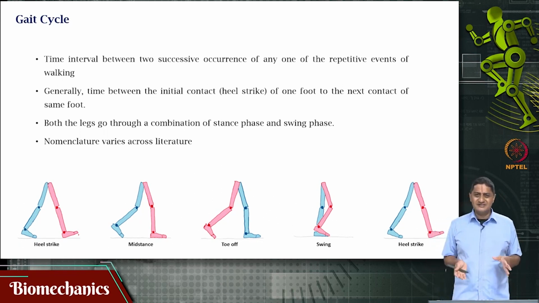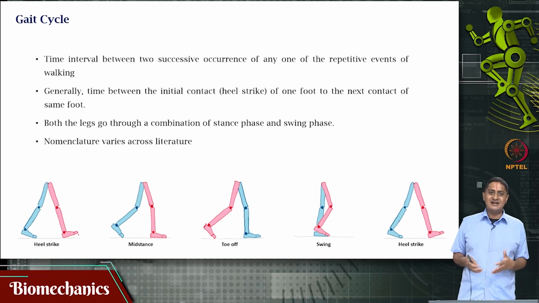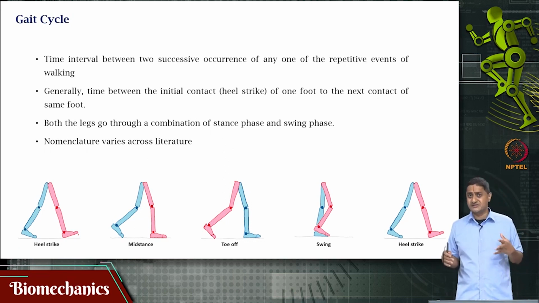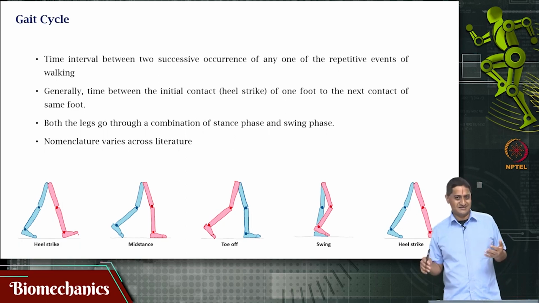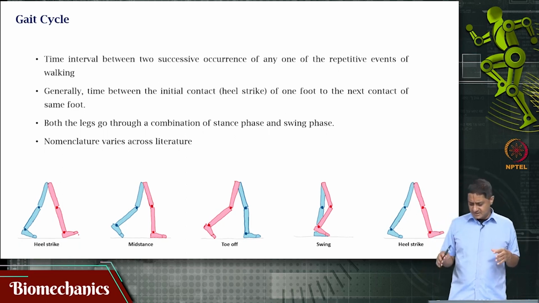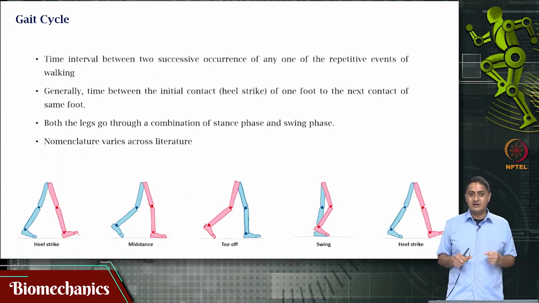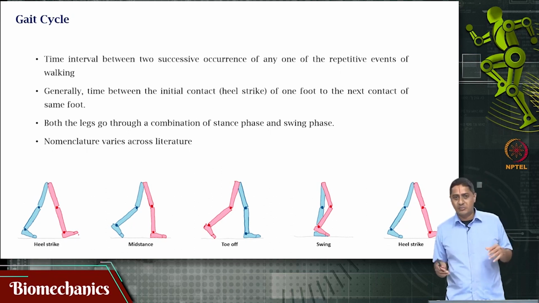It need not be just the heel strike, but this is a standard that people use. A lot of literature uses this approach, so we can understand. It's a convention as opposed to a technical requirement. You can take it whichever way you want. You can start it at toe off, for example, no problem.